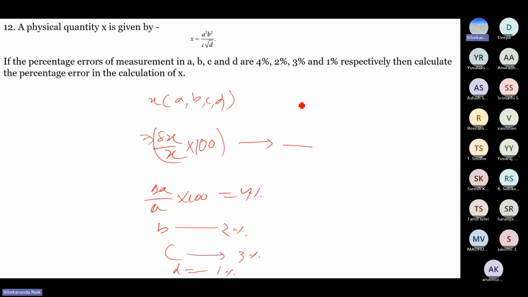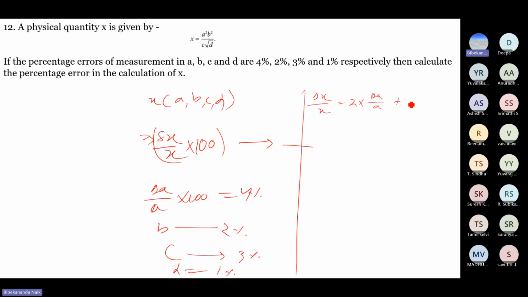Since in both multiplication and division the errors are added and they have powers here, delta x by x in percentage will be 2 into delta A by A plus 2 into delta B by B plus 1 into delta C by C plus half into delta D by D. Since all percentages are given, it will be 2 into 4 plus 2 into 2 plus 3 into 1 plus 1 by 2 into 1.